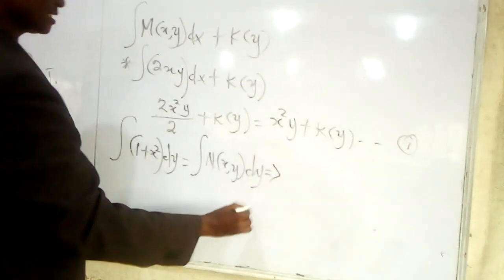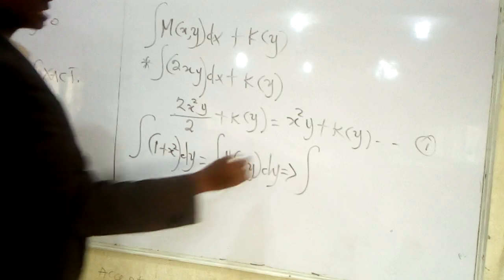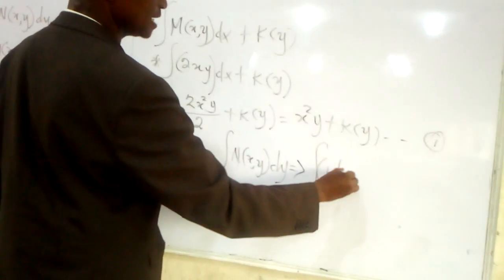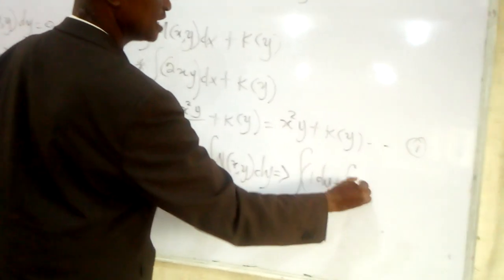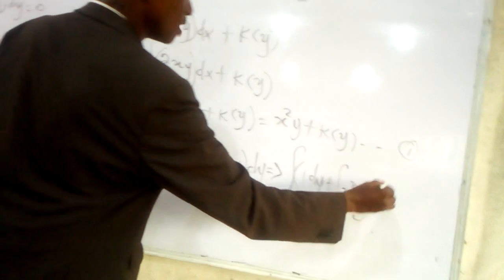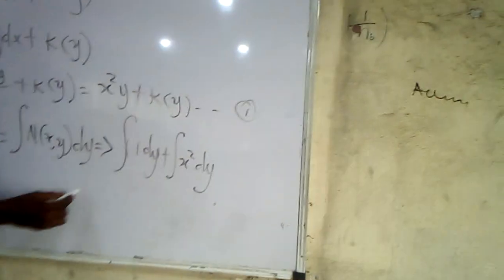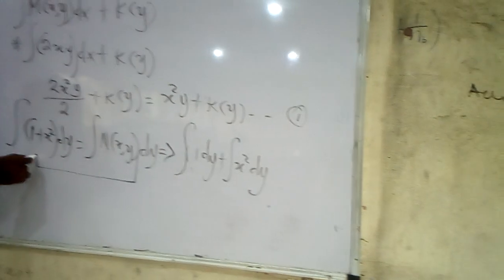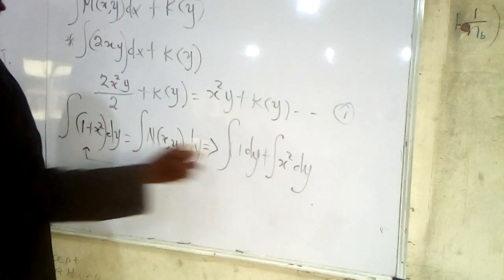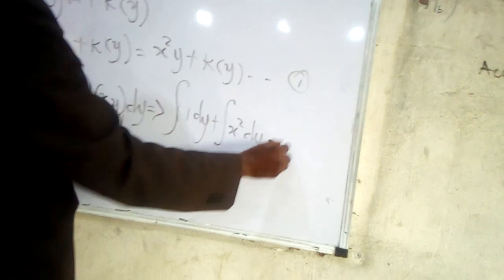When this is integrated, it gives the integral of 1 dy plus the integral of x squared dy when we open the bracket. When integrated, it is broken down into y plus x squared y.